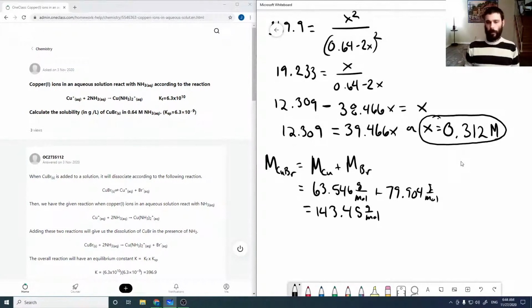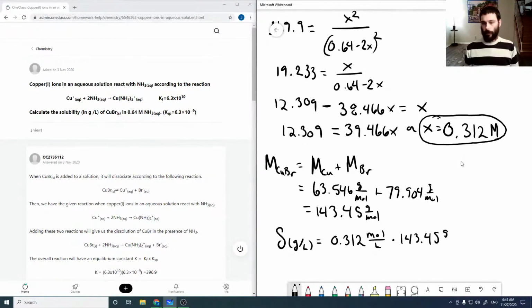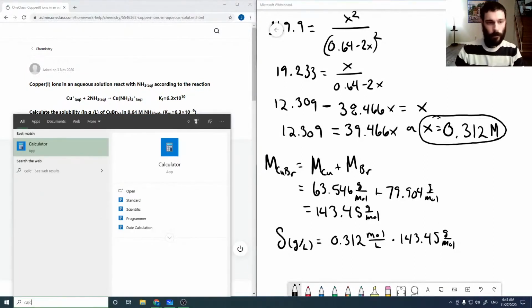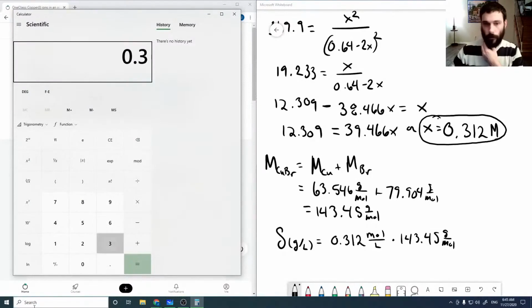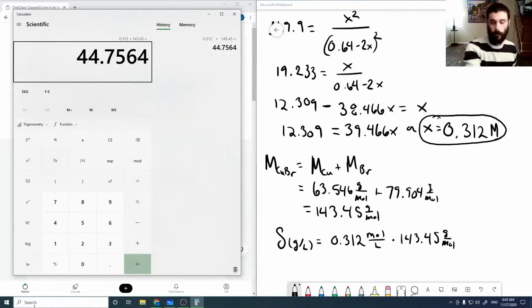And so our solubility in grams per liter is just 0.312 moles per liter times 143.45 grams per mole. And I should have realized that I also don't have this value, so I'm just going to do this again. 0.312 times 143.45.